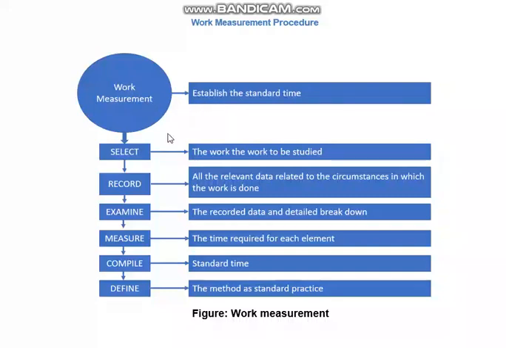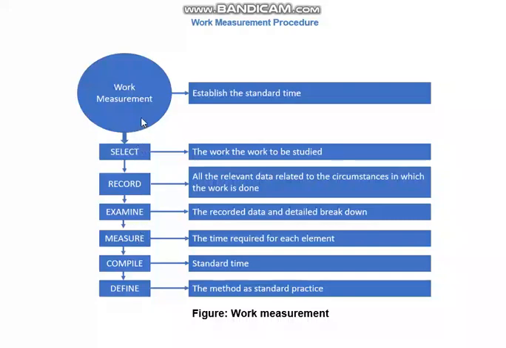To establish the standard time. And what are the steps involved? Here, how many steps are there? 1, 2, 3, 4, 5, 6 steps: select, record, examine, measure, compile, define. These are similar to the steps we have seen in method study, with a little difference. You compare and see afterwards.